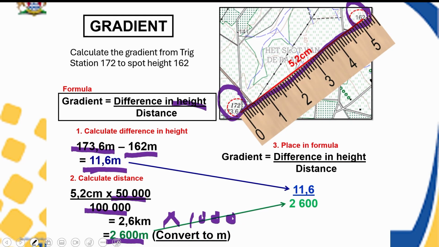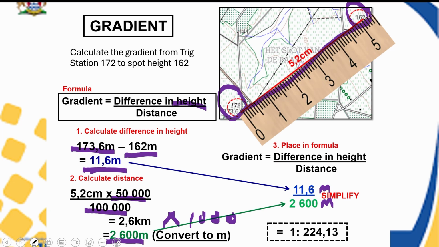This means that at the end, you are having 11.6 meters divided by 2,600 meters, which means we have the same units. Now, we have to simplify. When you are calculating, you will get 1 is to 224.13.